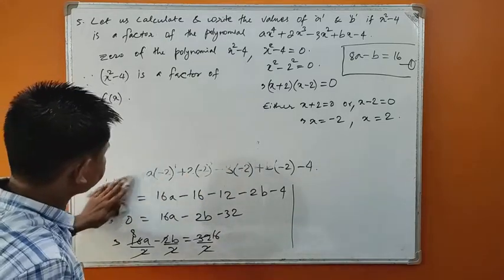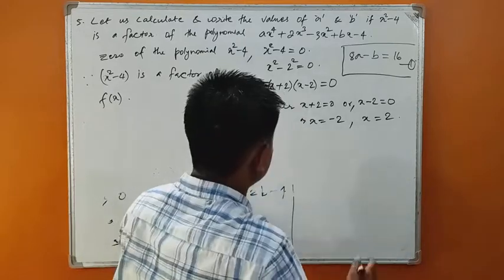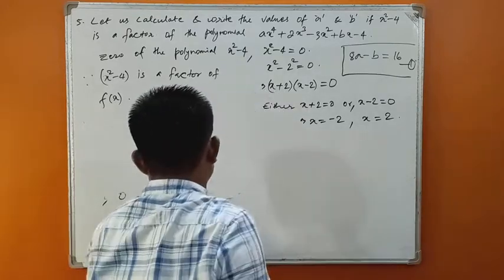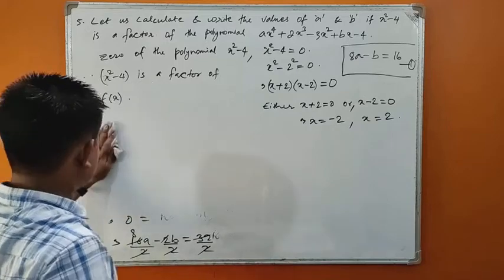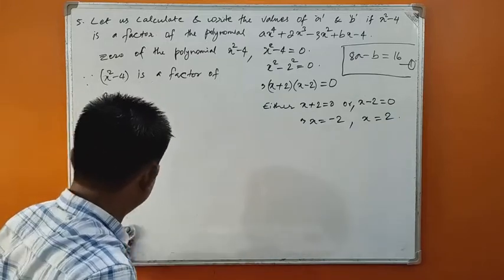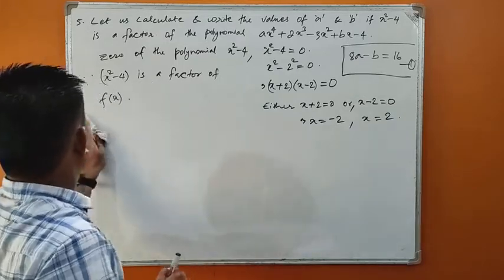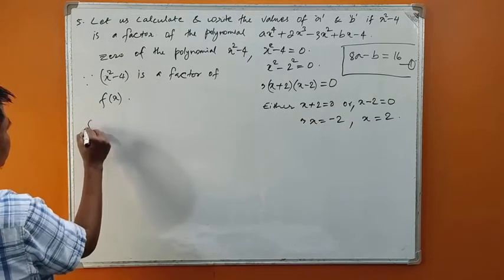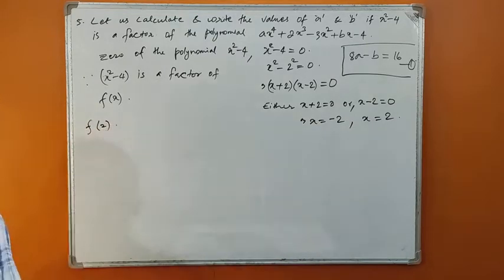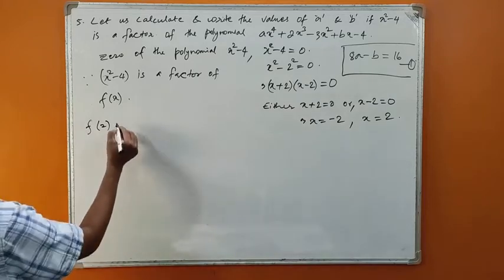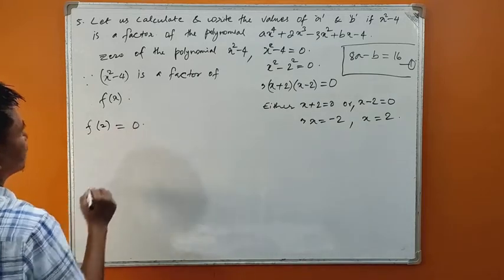Now we have another value of x, that is 2, isn't it? So in this case also, second case, the remainder will be f(2), and f(2) will be equal to 0.